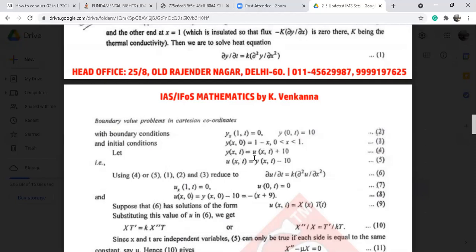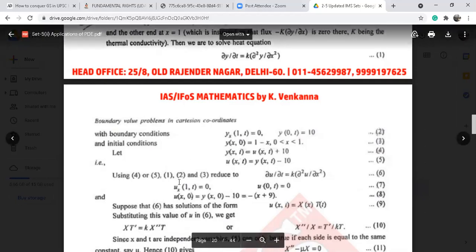Now see the boundary conditions. Because 10 is constant, if I differentiate with respect to x, u x of x,t equals y x of x,t, because 10 becomes 0 after differentiation. So u x of 1,t is also equal to 0, same as the above condition.